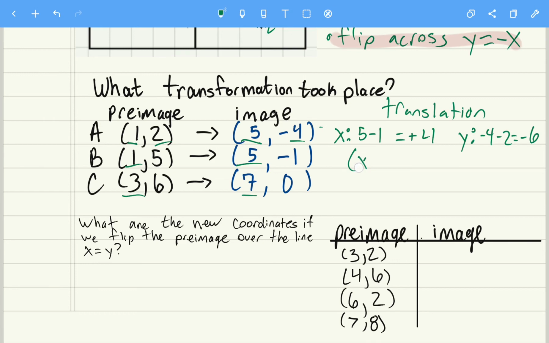So I know x, we're going to add 4 to that. And then let's check our y. 5 minus 6 gives us -1. 6 minus 6 gives us 0. So y minus 6 also works. And that is our translation rule. We went to the right 4 and down 6. Okay.